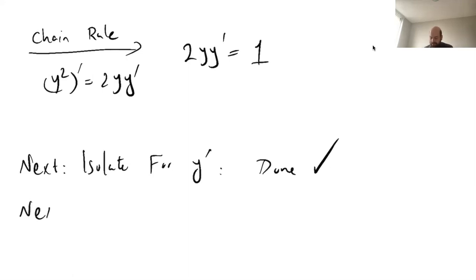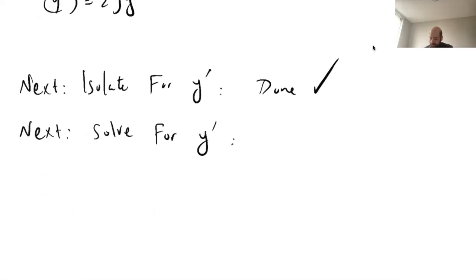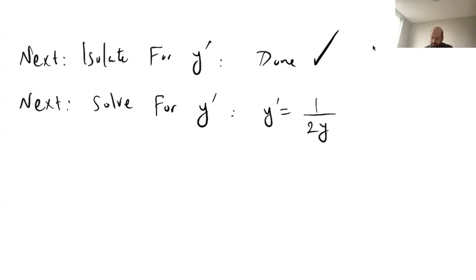And next, solve for y prime. And then I'll get y prime equals 1 over 2y. So we conclude that y prime equals dy over dx equals 1 over 2y.